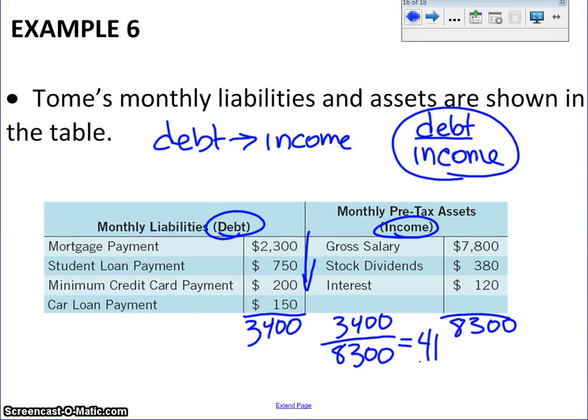And I'm going to get a total of 0.41. Remember, to get a decimal then to a percentage, I'm now going to move 2 to the right. And his debt to income ratio is 41%.